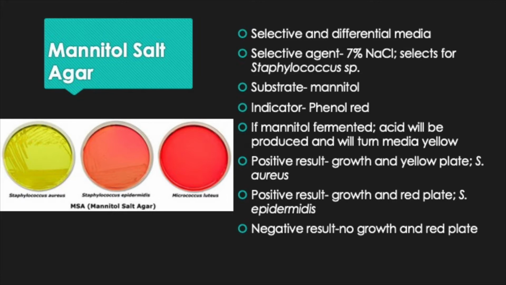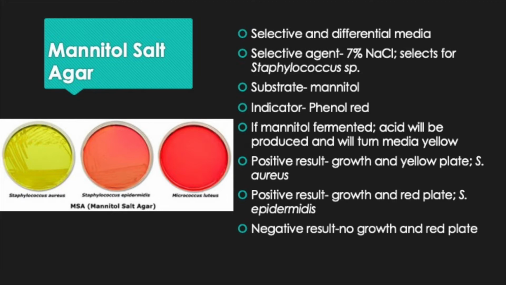Okay, so you would use this media if you potentially thought that you might have a patient that has a staph infection. Okay, so if you did a gram stain and it came out as a gram-positive cocci that formed clusters, then you would say, okay, I think that this might be a staph infection. You would then take a culture of it and streak it on MSA.